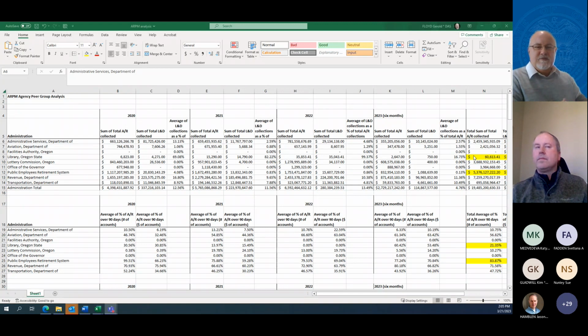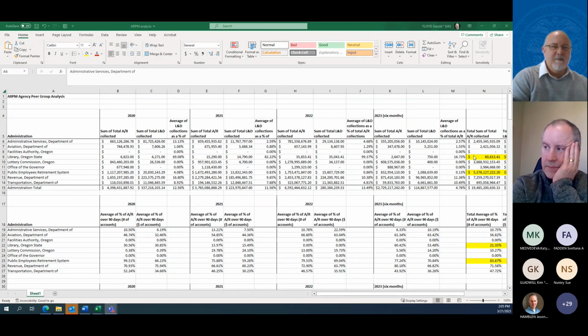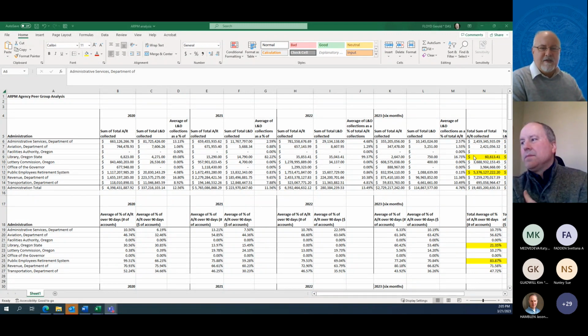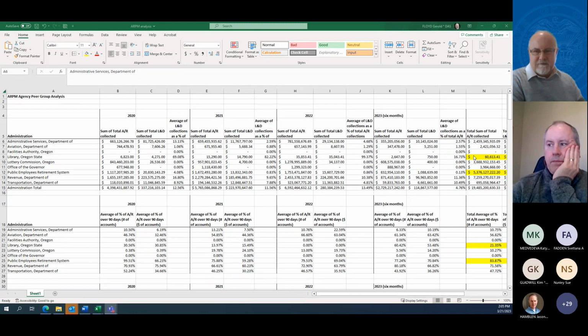So if you happen to see your agency highlighted here, don't panic. It's not a bad thing. We just want to begin having some conversations with agencies as we identify where those differences occur.